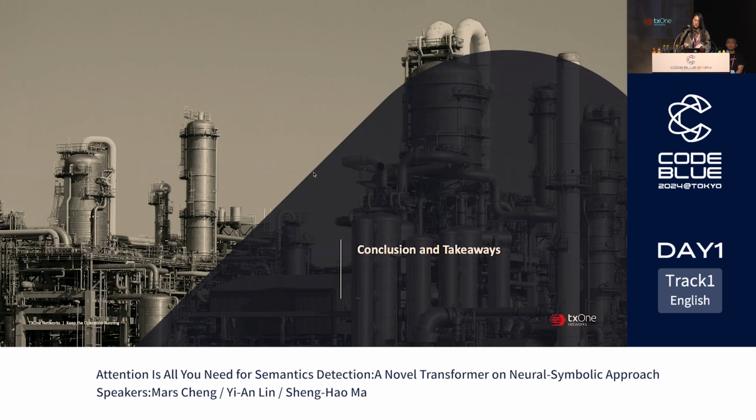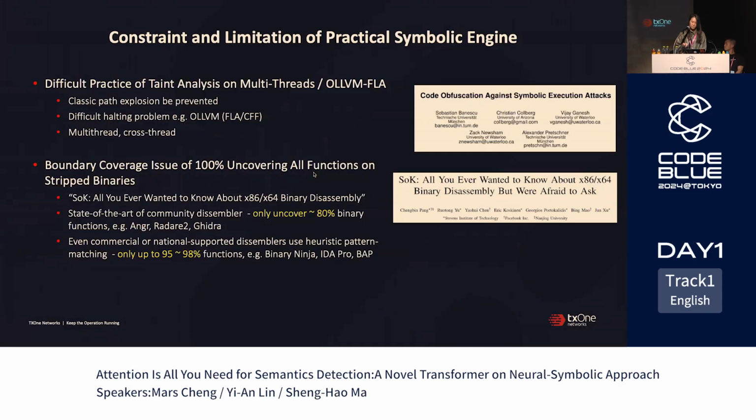So after presenting the use cases, let us move on to the last part, conclusion and takeaways. There are still some constraints and limitations to consider. The first one is the difficulty of intent analysis on multi-threads and OLLVM.